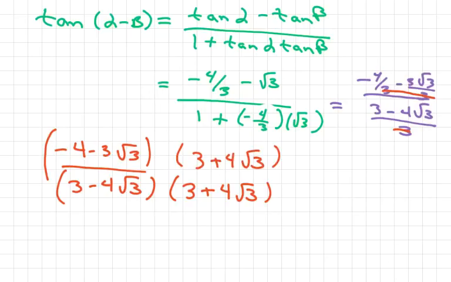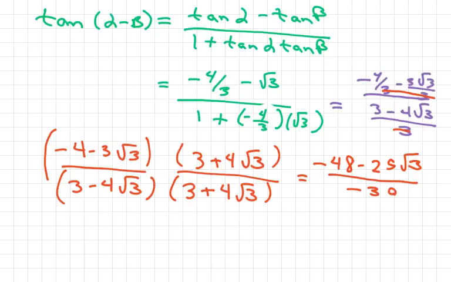And when you simplify, you're going to get negative 48 minus 25 square root of 3 over negative 39. Since we have 3 negatives and you should divide it out, you can go ahead and just write 48 plus 25 square root of 3 over 39.